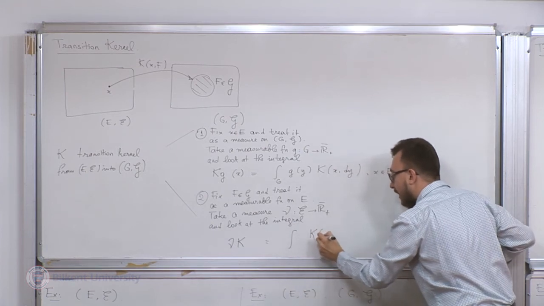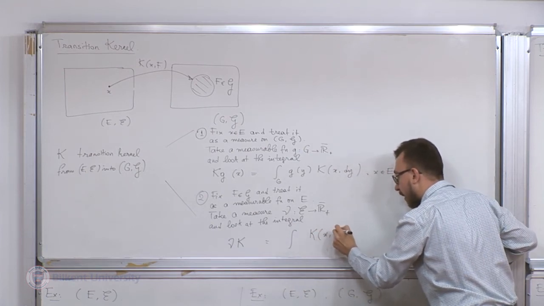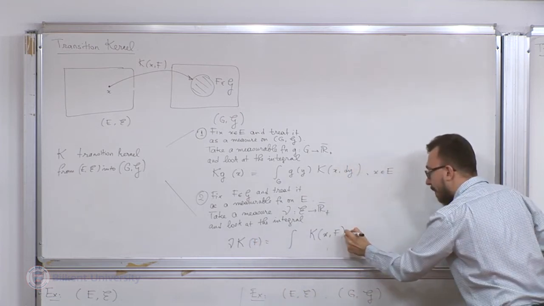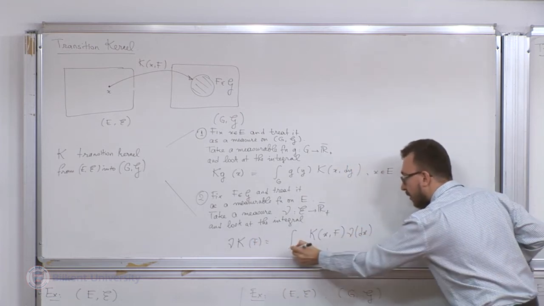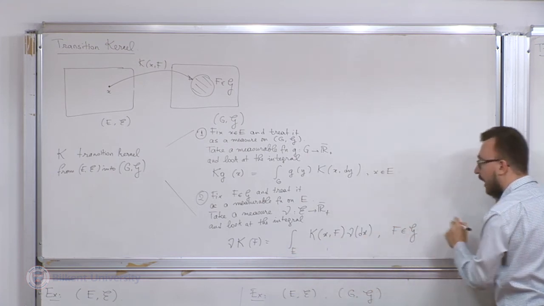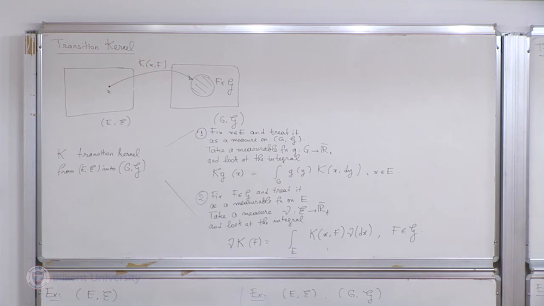So I integrate this with respect to a measure on the first space. So it's an integral over E. And this is for every f that I fixed at the beginning. So now this is a function of a set in the second space. If it's a function of a set, I hope that it's a measure.